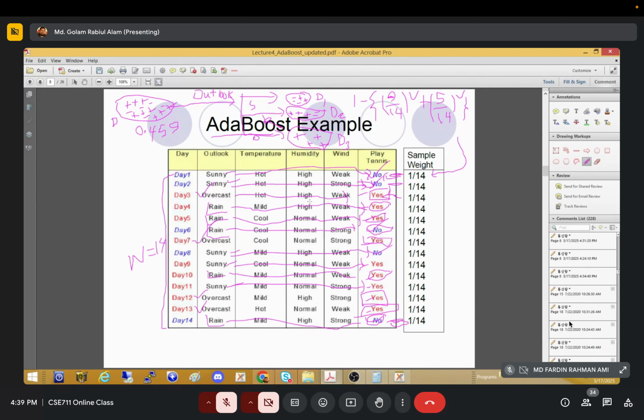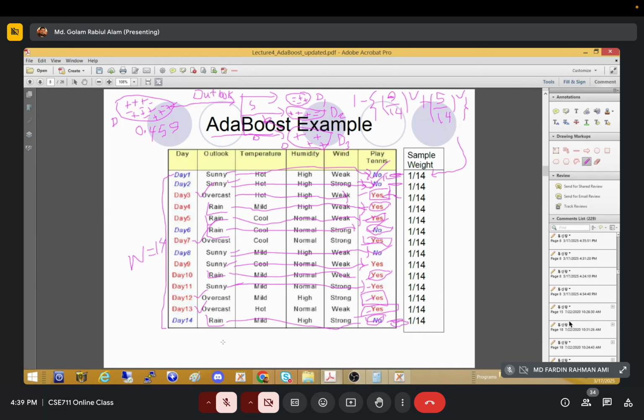Now we have to find out the Gini impurity of D1, D2, and D3. The Gini impurity of D3 is 0 because all of these are positive, so this is a pure set. And how about D1 and D2?